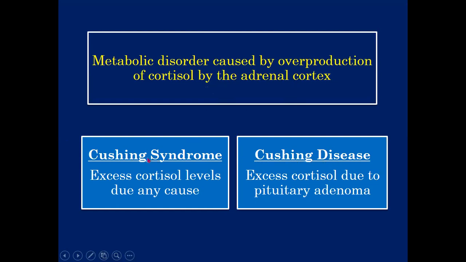You must be clear in your mind that Cushing syndrome is a broader term in which Cushing disease is included, but Cushing disease is specific to a pituitary adenoma, which releases an increased amount of ACTH, leading to excess cortisol production by the adrenal cortex. So we have to differentiate between these two conditions by different tests that we will discuss.